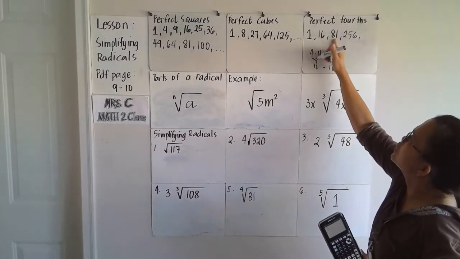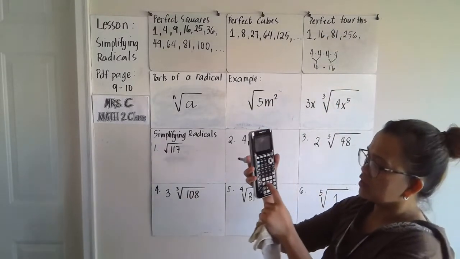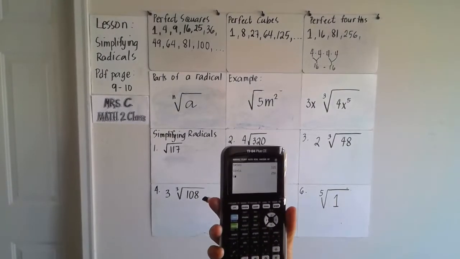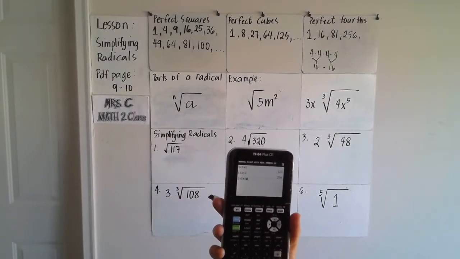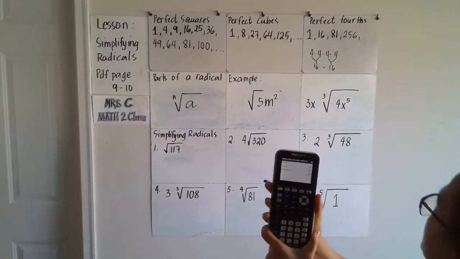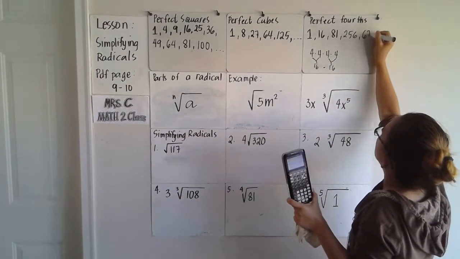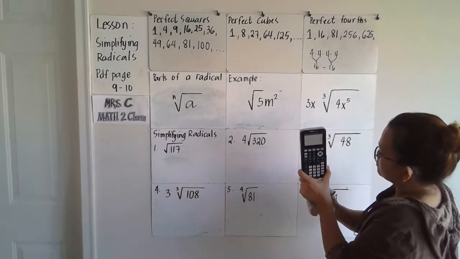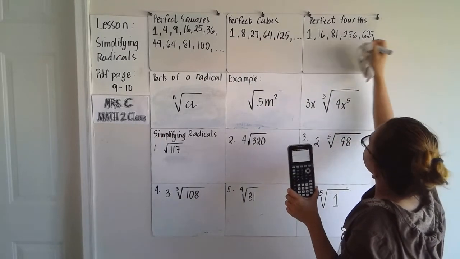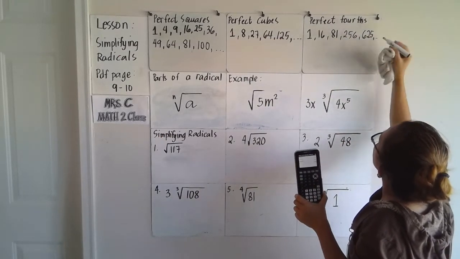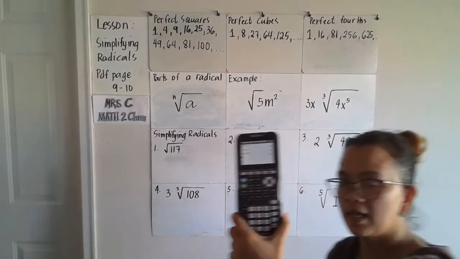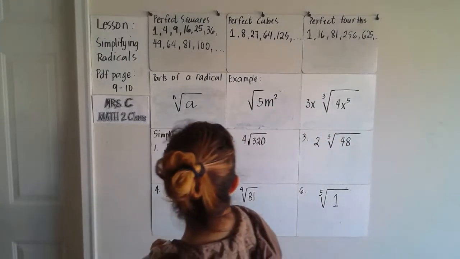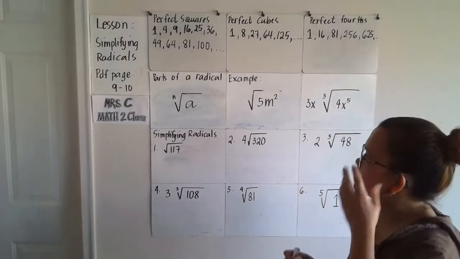Next will be 5. If you multiply 5 four times, that will be 625. And as I said, you may keep going until you list down all the perfect fourth roots.